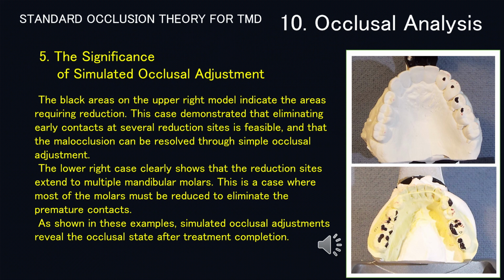The lower right case clearly shows that the reduction sites extend to multiple mandibular molars. This is a case where most of the molars must be reduced to eliminate the premature contacts. As shown in these examples, simulated occlusal adjustments reveal the occlusal state after treatment completion.